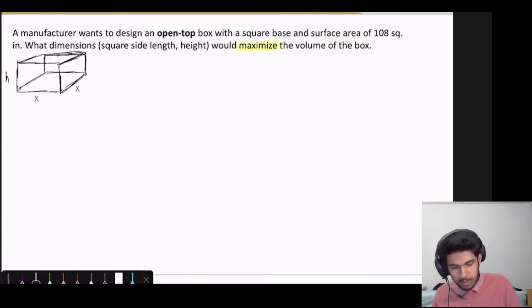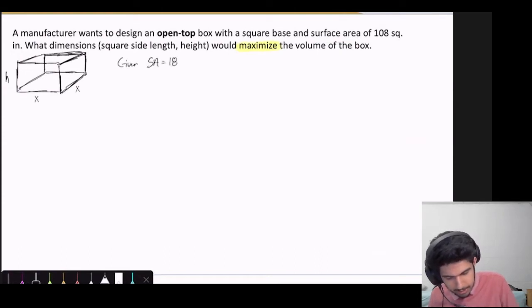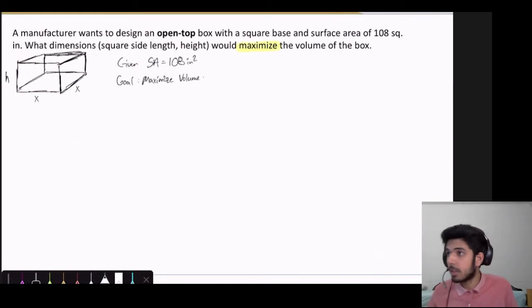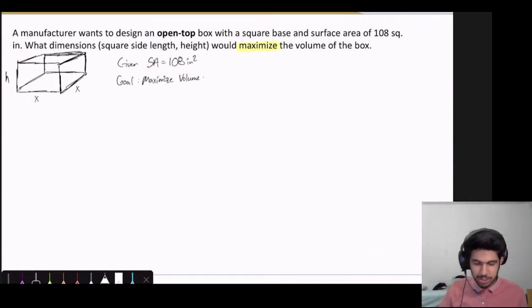So, given surface area equals 108 inches squared, the goal is to maximize volume. In terms of the dimensions we're given, we should probably get equations for surface area and volume because those are the quantities that we're interested in.